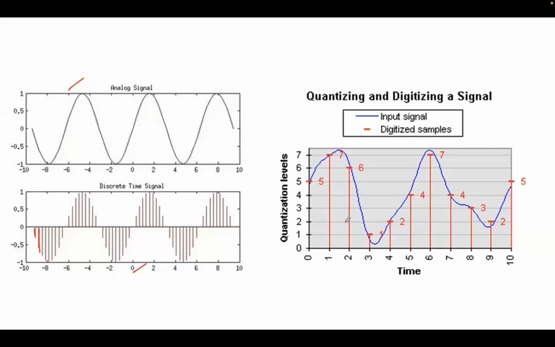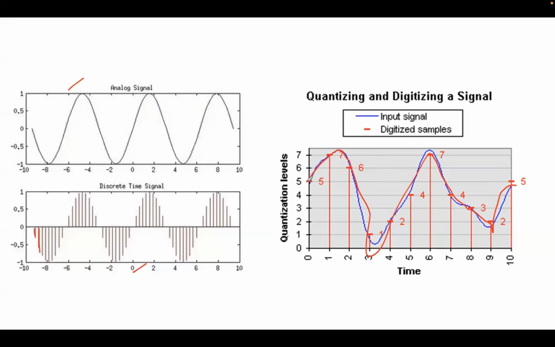And here you'll see how the quantization and digitization were done. This blue curve represents a sampled analog signal, still continuous in amplitude.